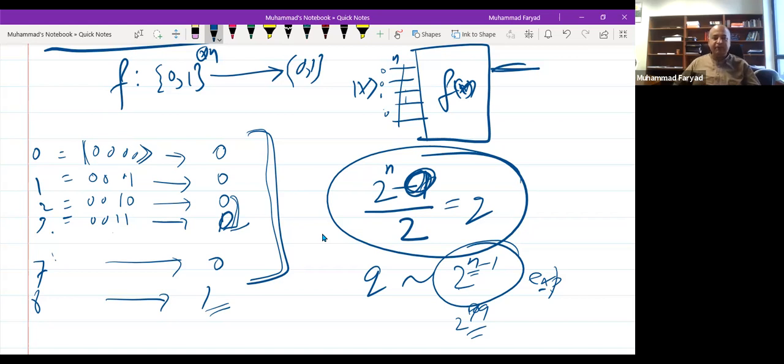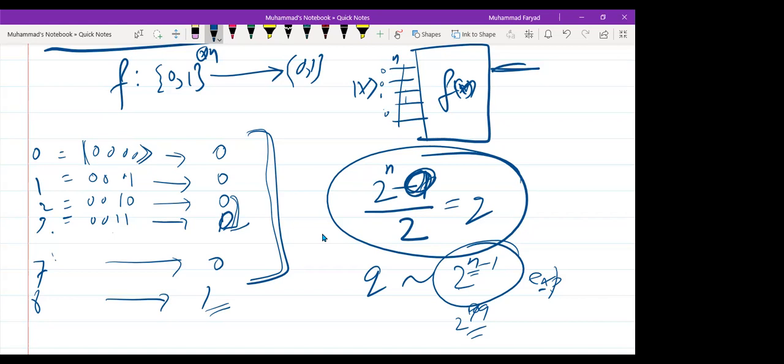So Abdullah, please. Sir, can you hear me? Yes. Sir, for the exact number of steps, for example, if in this case we have 16 total possibilities for inputs, then we need at least 9 to figure out if it is a constant function or a balanced function.